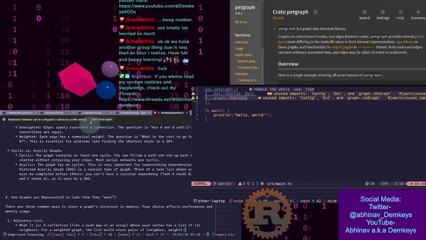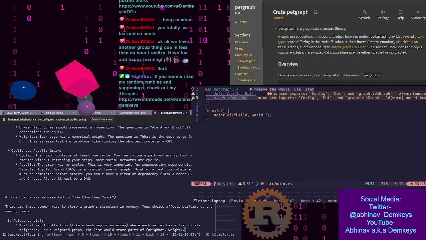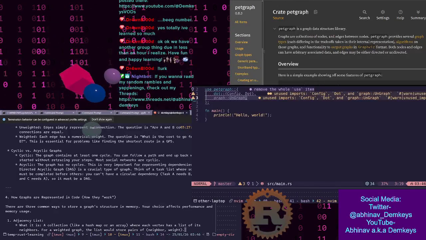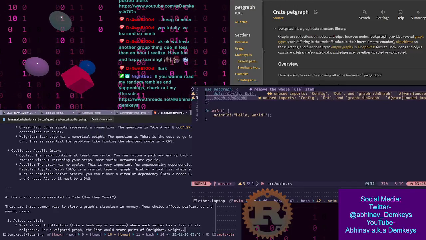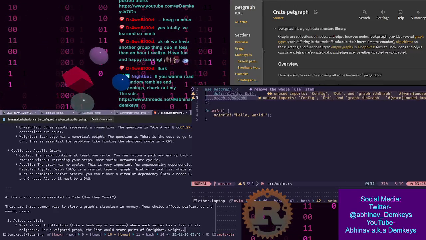We could also look into if there's a way, because I believe Rayon is supported in petgraph, and I think that might be for traversal. Give me a second. Let me check here because I do remember Rayon being mentioned. Rayon is for parallelism, data parallelism.